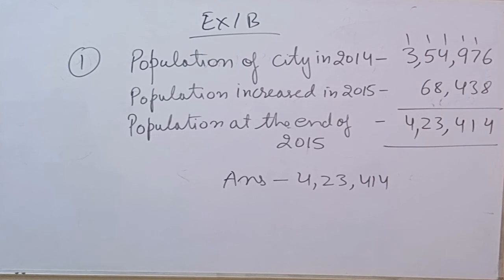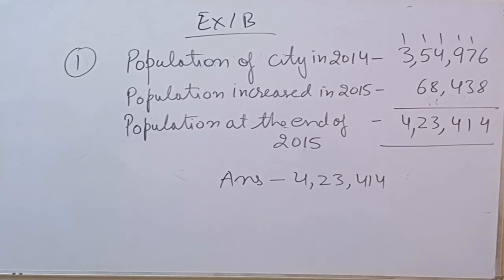So do the sum of 3,54,976 and the increased population, that is 68,438. The sum of that will be 4,23,414. So the population at the end of 2015 is 4,23,414. That is your answer.